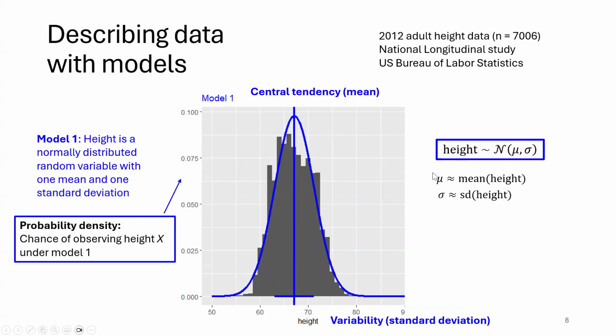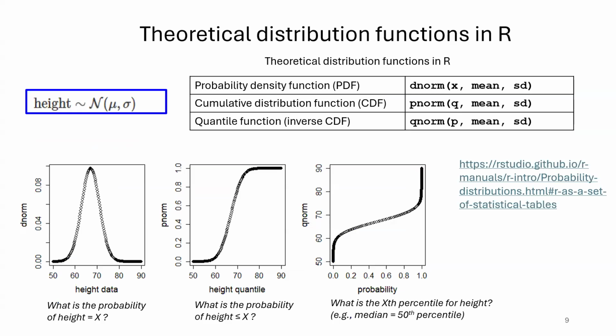On the right is how you'd say it mathematically. Mean is often represented as mu, standard deviation as sigma. And now I've drawn the blue curve here showing the probability density of this model observing value x under this normal model. Just as an aside, R has inbuilt functions for dealing with these standard distributions, such as the normal distribution.